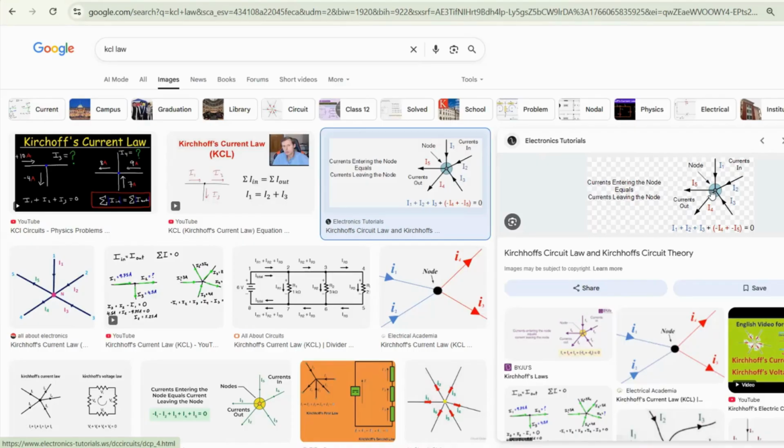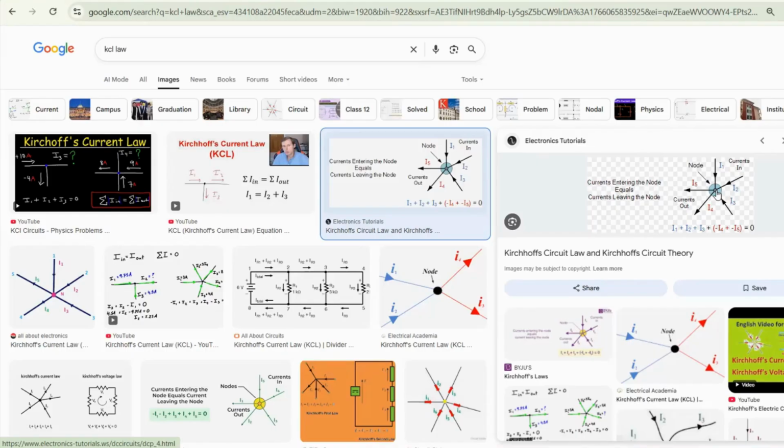KVL means algebraic sum of all the voltages. Simple, no? Yes, sir. Where do we need to apply KCL? Whenever we see a node, a junction point, we can apply KCL. At a node, we can apply KCL.